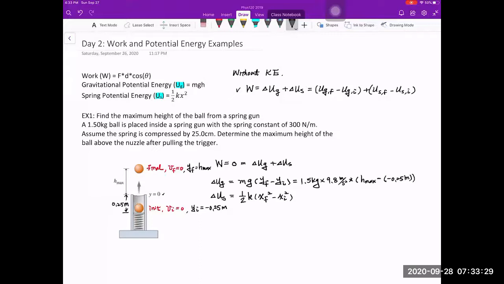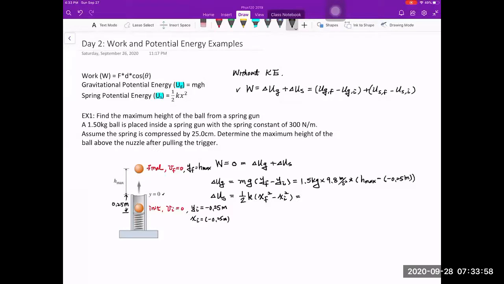Well, in this case, the x is also y because it's oriented vertically. So what is the initial change of the length? Initially, the change of the length is actually equal to negative 0.25 meter.